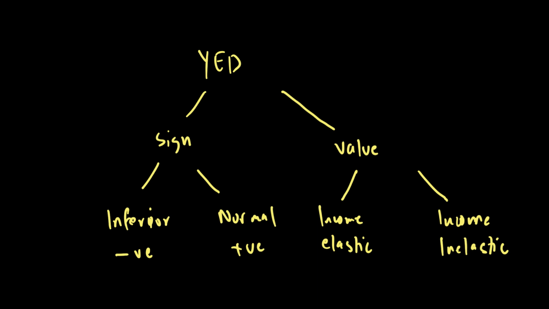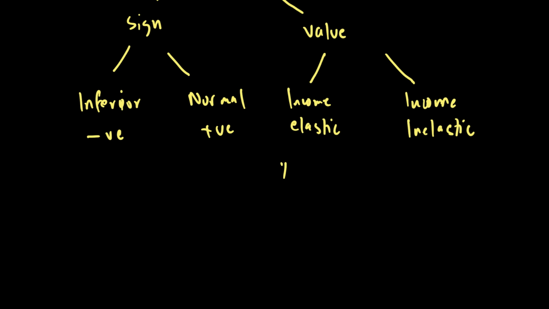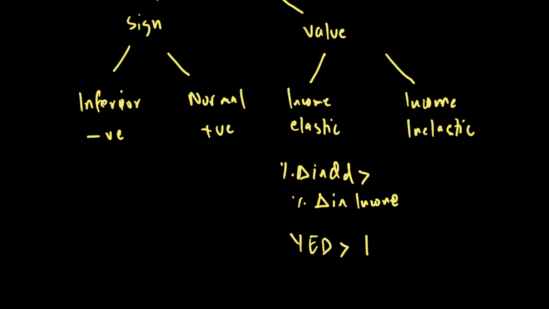Income elastic simply means that the percentage change in quantity demanded has to be greater than the percentage change in income. So whenever we look at a YD, be it negative or positive, that has a value greater than 1, then it is very income elastic, or very responsive to a change in income.